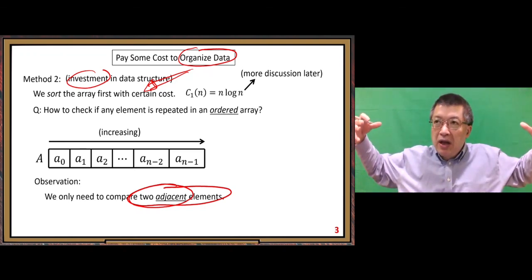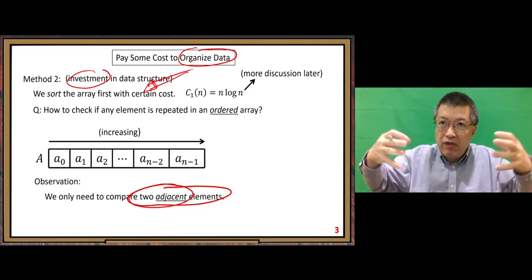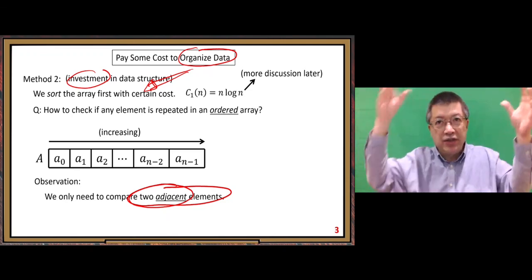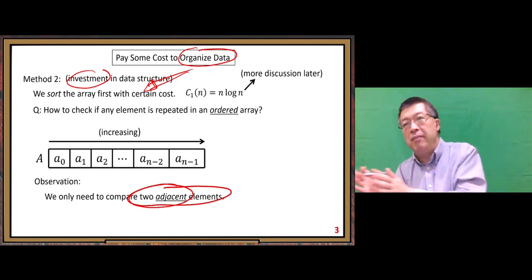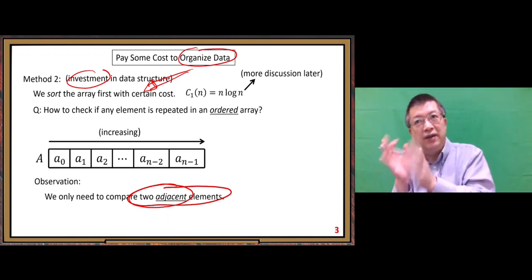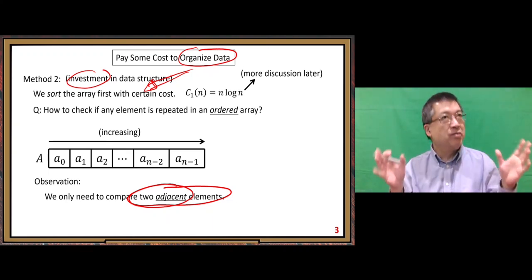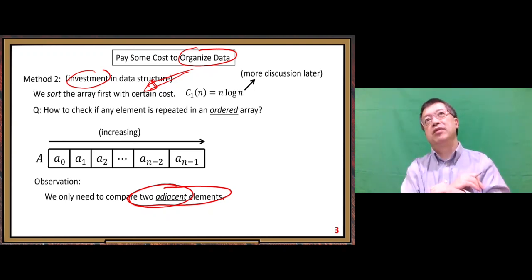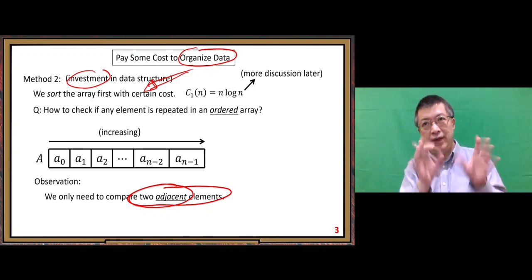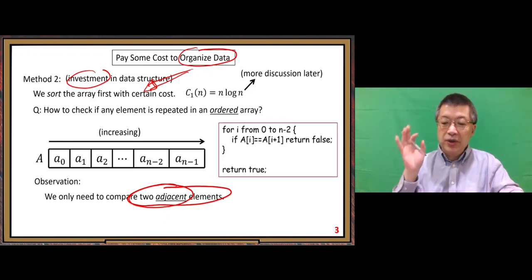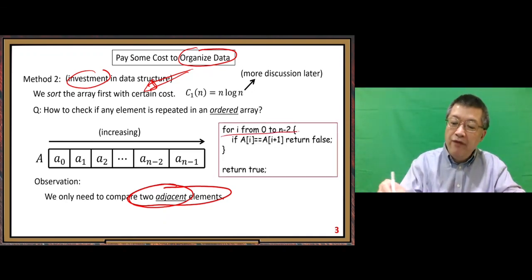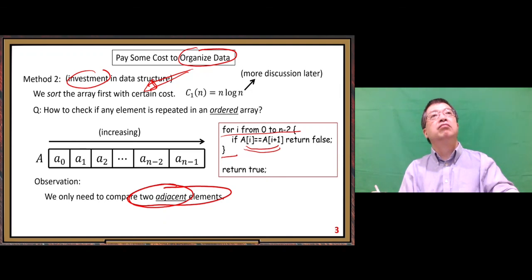That reduces the comparisons from all the possible comparisons to only the adjacent comparisons. Then we do not need all the possible number of comparisons, only part of it. For our pseudocode implementation, we only need one for loop, just comparing two adjacent elements. Then we can solve the problem.